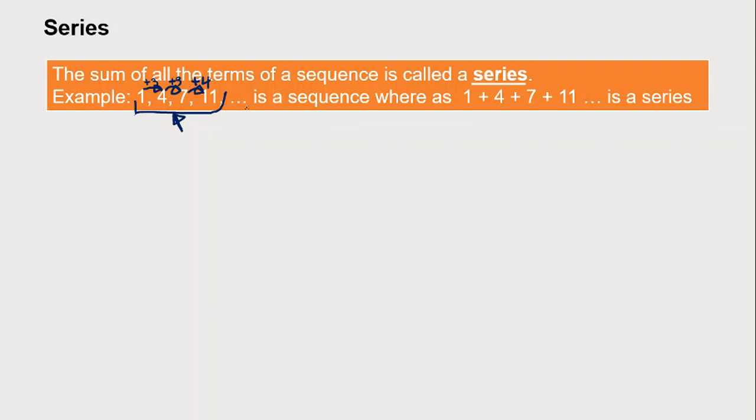But nonetheless, we still can take a series over it by adding up its terms. We would need to know a particular rule for that sequence in order to create a series from it. But what we are going to do is again focus on arithmetic and geometric progressions and arithmetic and geometric series, therefore, which come away from that.